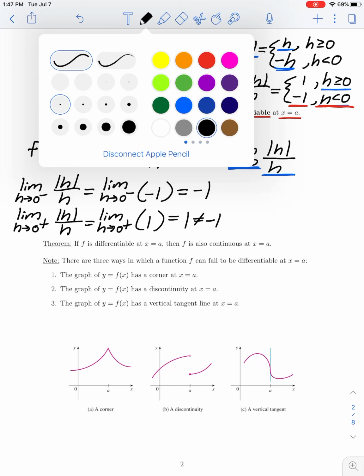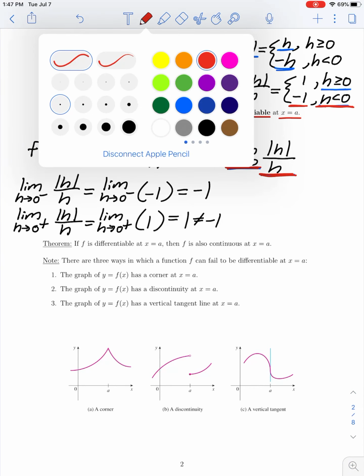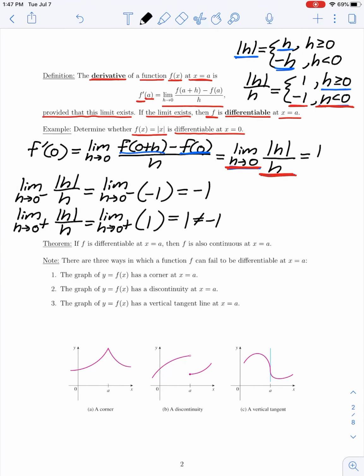So this two-sided limit that we're interested in to define our derivative does not exist. We could say the limit does not exist because the left and right hand limits are not equal.